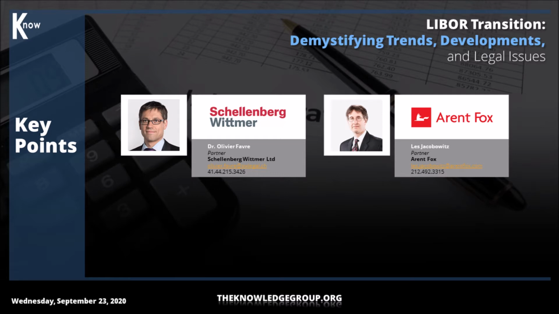So the end of LIBOR is coming. One way of dealing with it would be to trade in alternative risk-free rates already as much as possible at this point in time. To the extent that there will be legacy transactions, the key point in time will be when panel banks decide to withdraw from the LIBOR submission process.